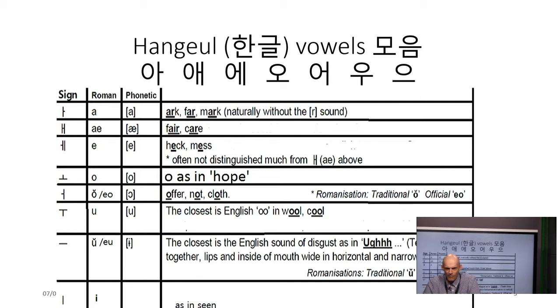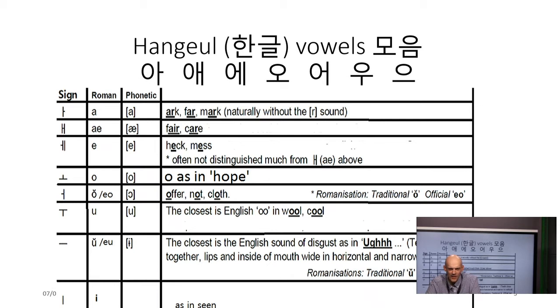Ah, as in mark. Next one down: air, as in fair. Next one down: air. It's often not really distinguished from the previous one. And then next one down, horizontal: oh, as in hope.